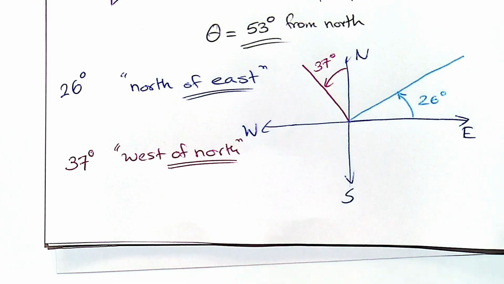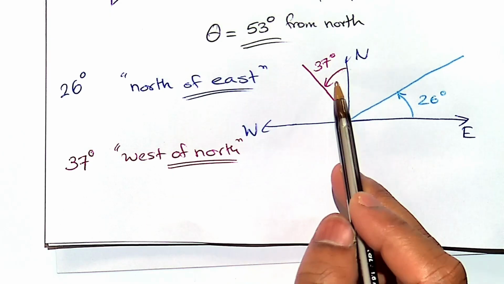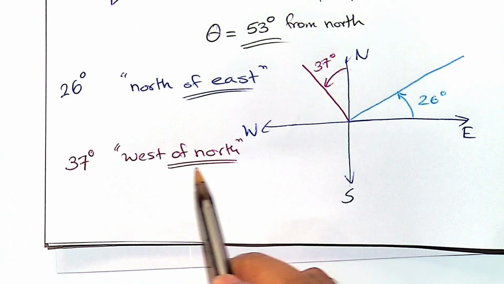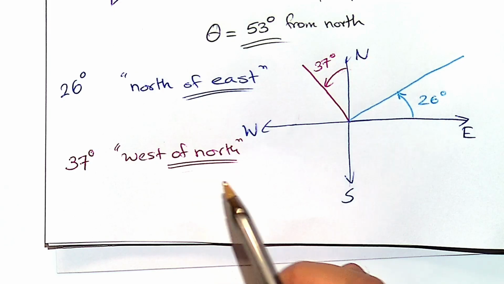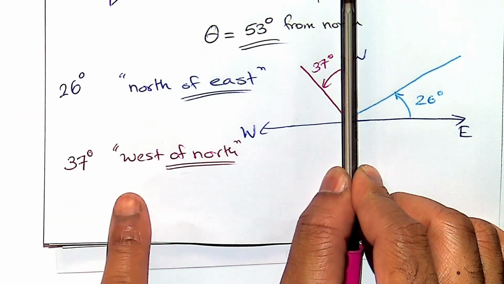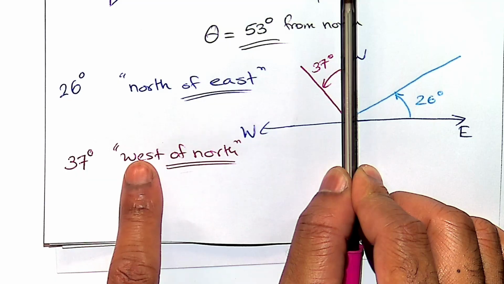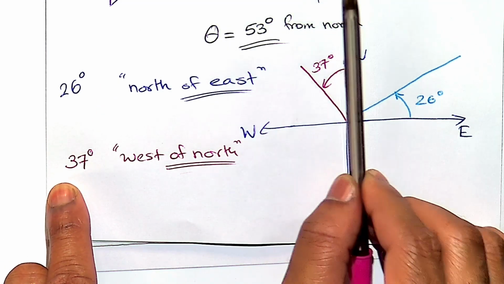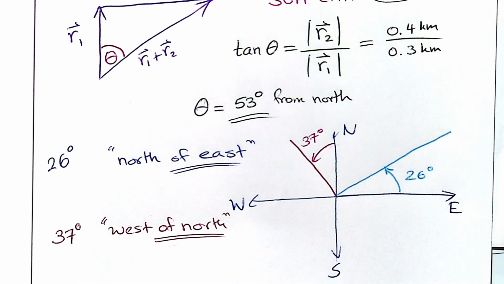So you have to use some sort of phrasing to say, okay, this 37 degrees, I don't mean this 37 degrees. So always better to start with the second part of this phrase. What is the "of" part? That's your reference point. And rotate from that point in whatever direction, west, north, by the number that they're saying. Just be aware that phrasing shows up sometimes in problems, just so that you're not confused by it.